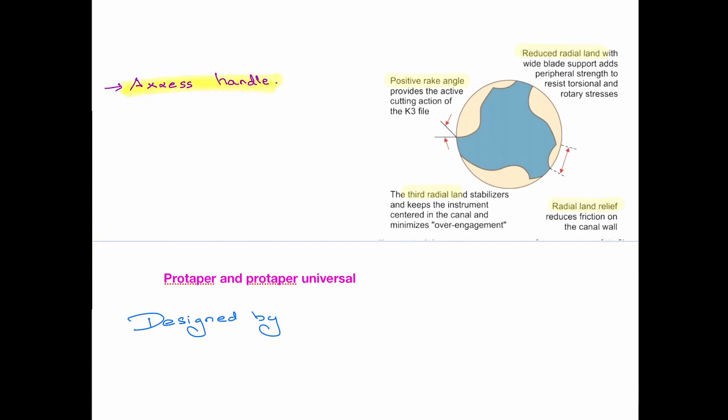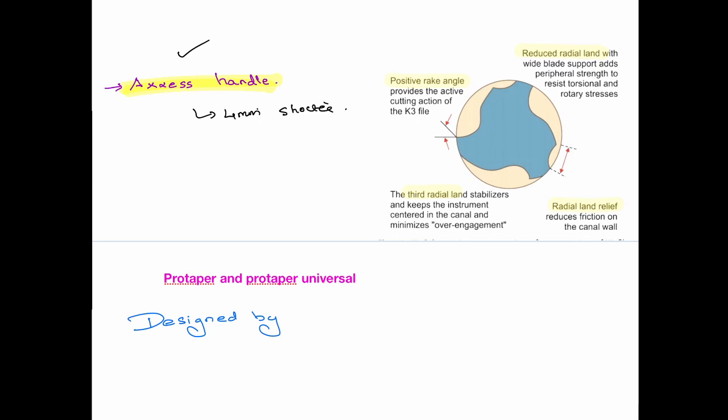You're not going into details about this axis handle system, but remember that due to this axis handle, the shaft or the entire file system can be made 4 mm shorter than other files, so that it gets much more control.